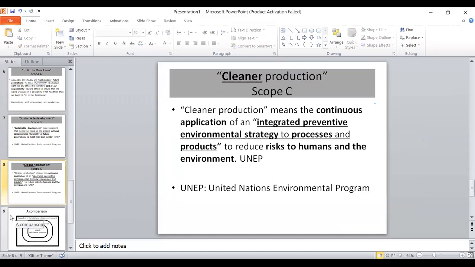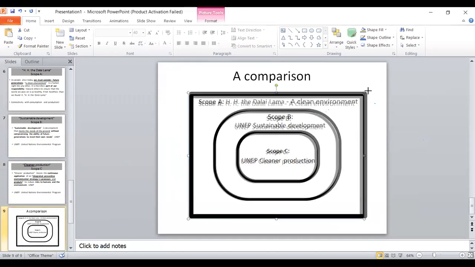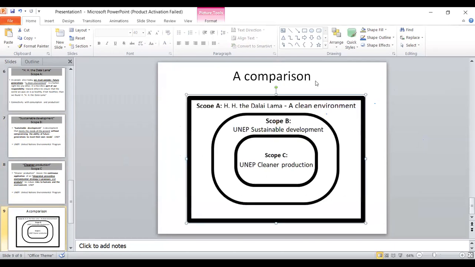And when you put all of them together, His Holiness's vision is wider than B and C both.